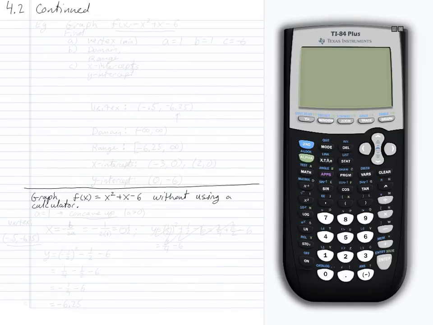So the first actual example I would like to look at is going to be solved using the calculator. So given function f of x equals x squared plus x minus 6, we are going to find the vertex.